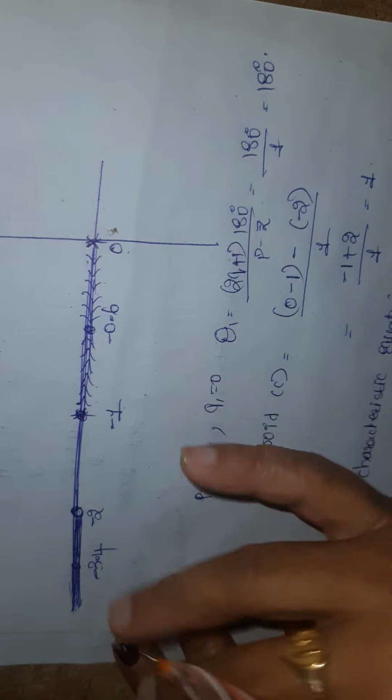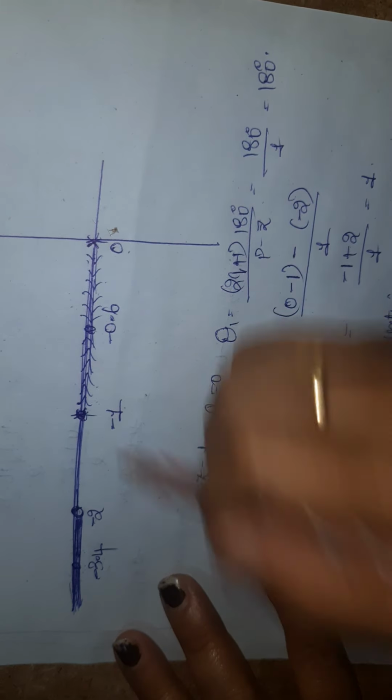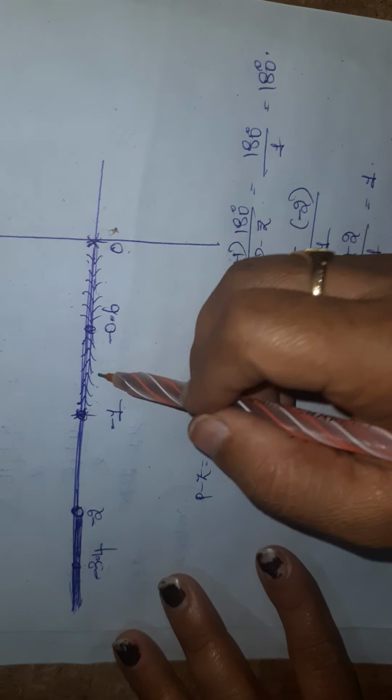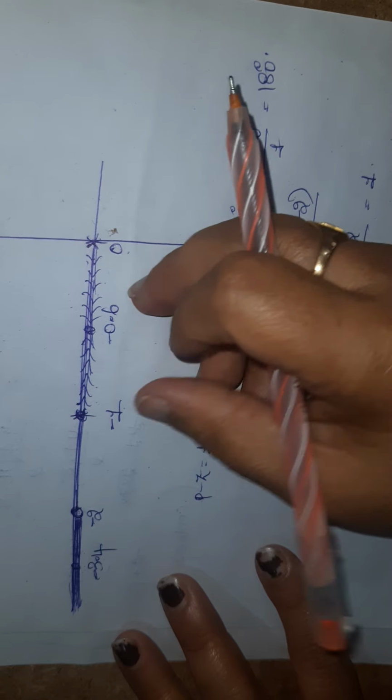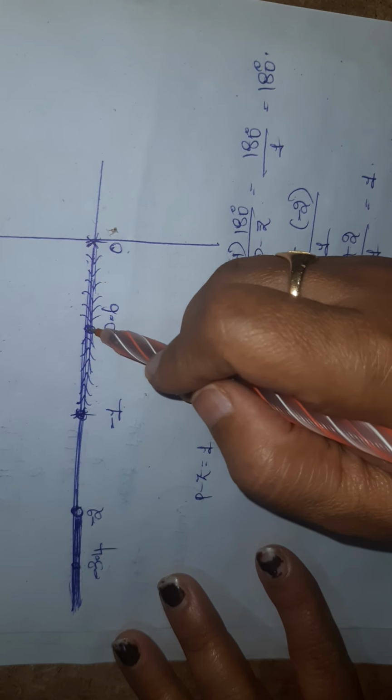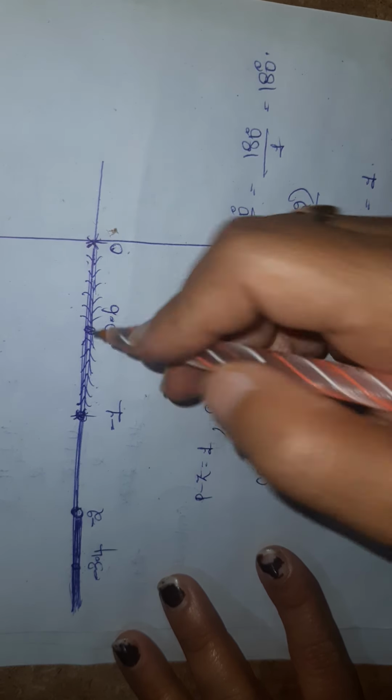Now how to draw the root locus: two poles try to move and they will collide at the breakaway point.